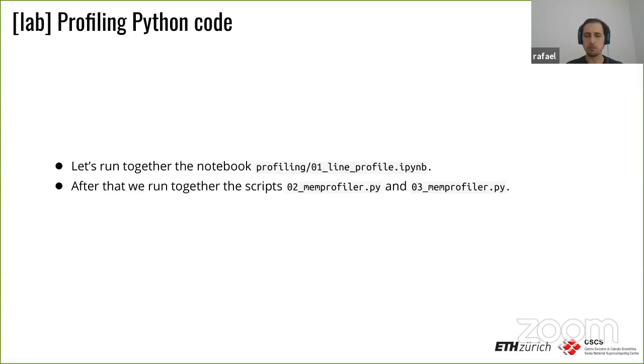Later, we're going to see a small introduction to Numba. Tomorrow you will have much more. Then we have a break, and then we come back with Dask. So let's go to the profiling. Let's open the notebook profiling 01 line profiler, and we start there, and then we see the memory profiler.